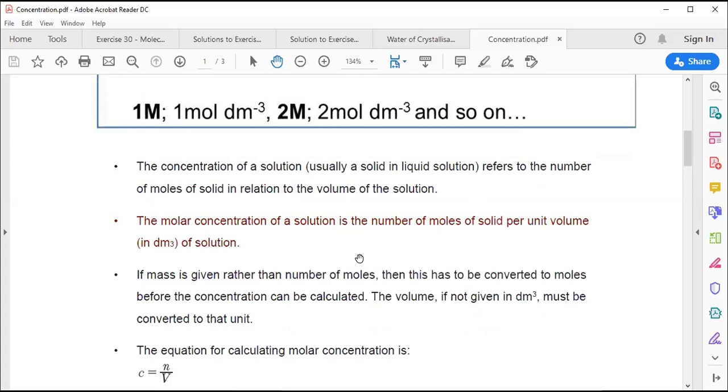If the mass is given rather than the number of moles, then this has to be converted to moles before the concentration can be calculated. If the volume is not given in cubic decimeters, it must be converted to that unit. So if they give you cubic centimeters, then you must convert it to cubic decimeters.